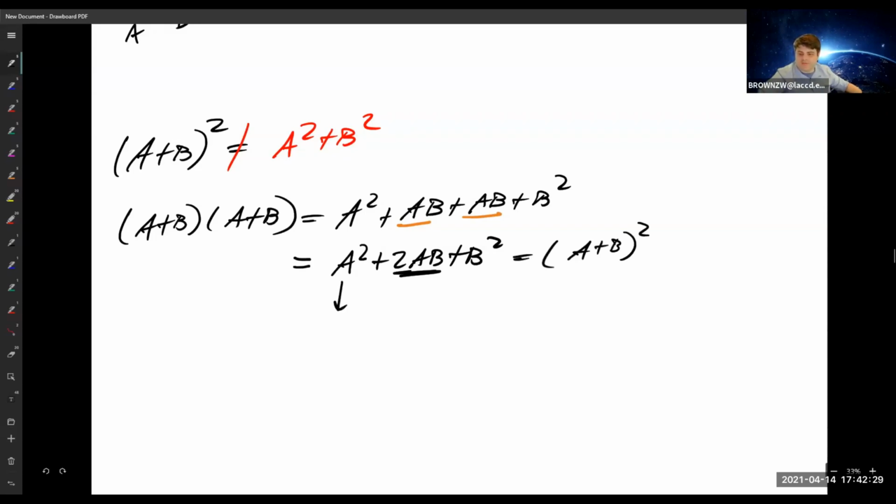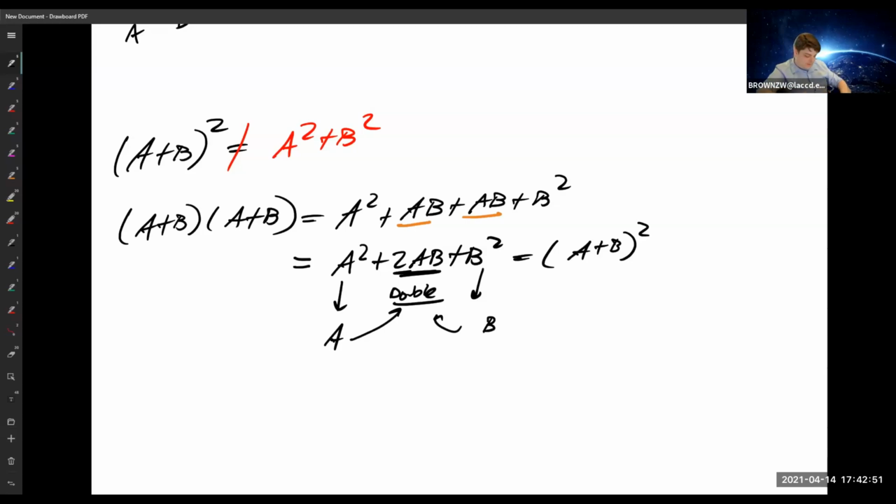If here we have these perfect squares, right? This is a perfect square of a. This is a perfect square of b. And if that middle term is exactly double, then that tells me that we have this perfect square. And we can kind of bypass a bunch of factoring.